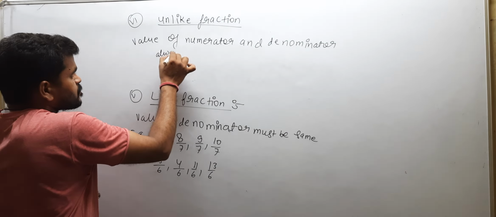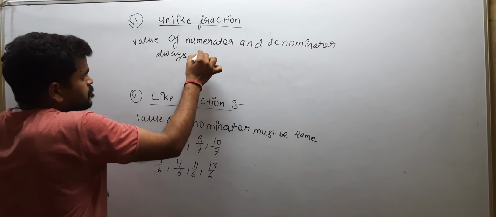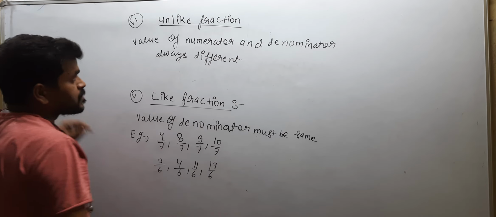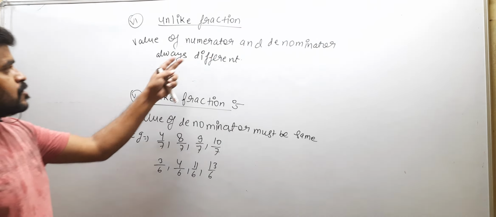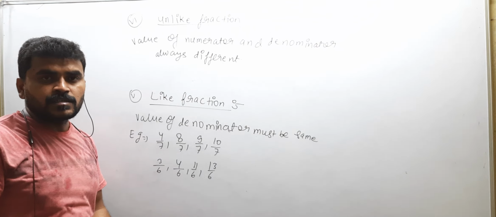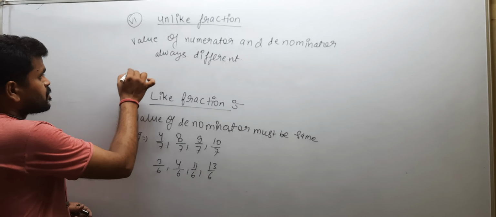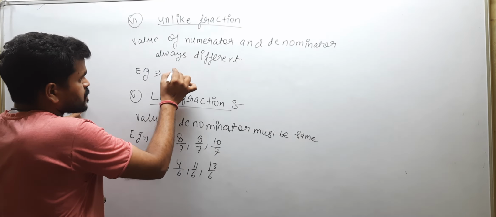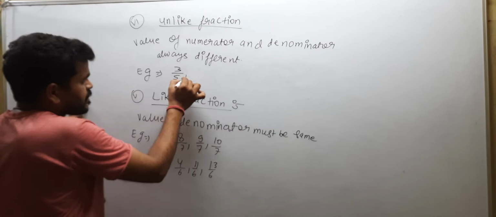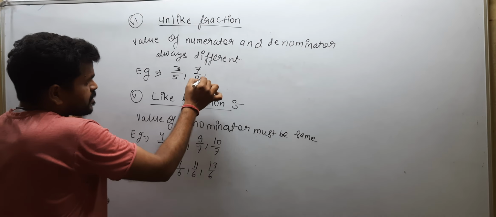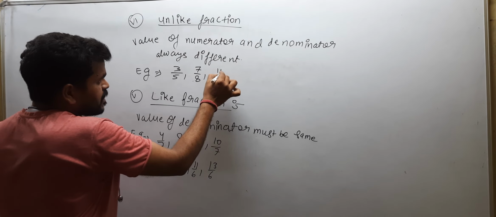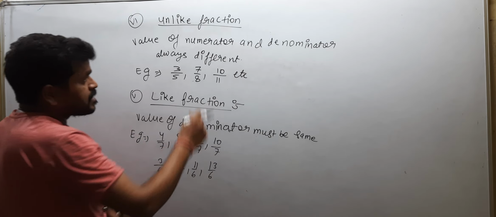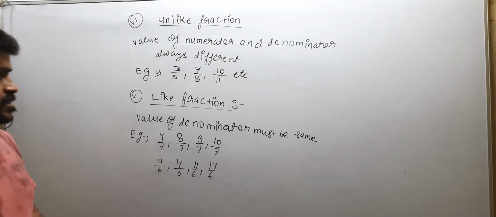The value of the numerator and denominator is always different. For example, 3 upon 5, 7 upon 8, 11 upon 10, 10 upon 11, etc. These are examples of the unlike fraction.